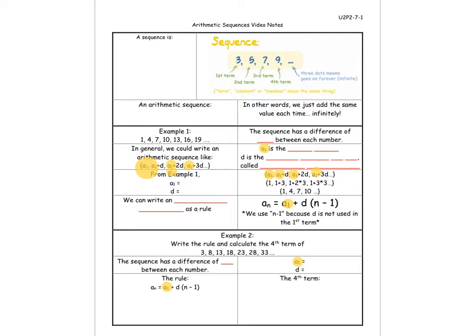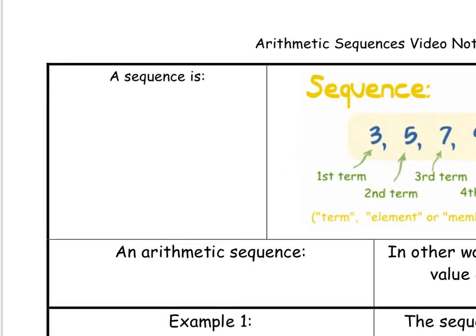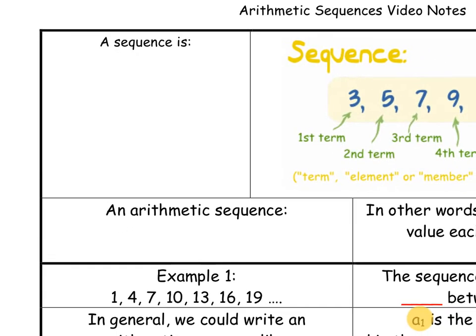Okay, we're going to take a look at a sequence. So what is a sequence? A sequence is a set of things, usually numbers, that are in order.